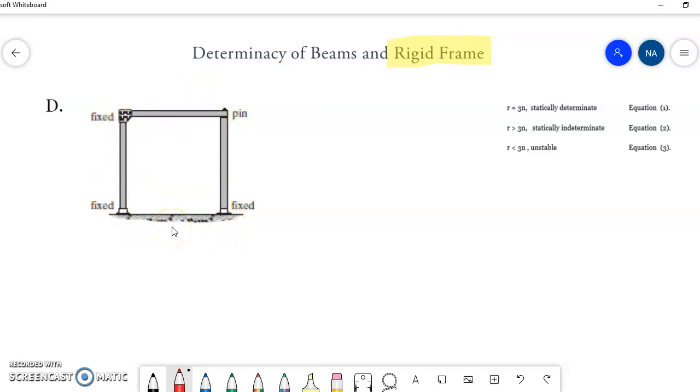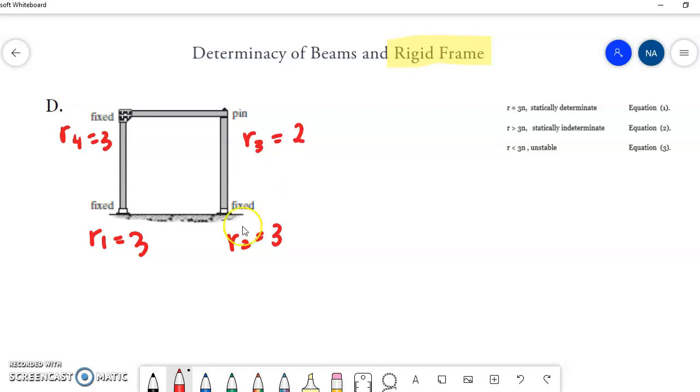So we already know that this is fixed. R1 is equal to 3, R2 is equal to 3, fixed. So R4 is equal to 3 because it's fixed. R3 is equal to 2 because it's a pin support.